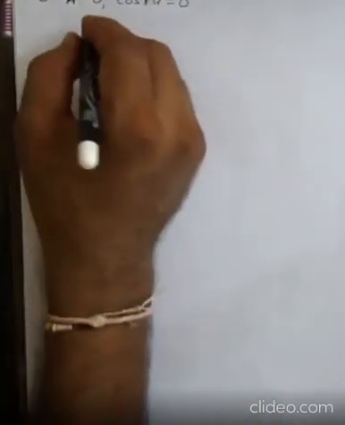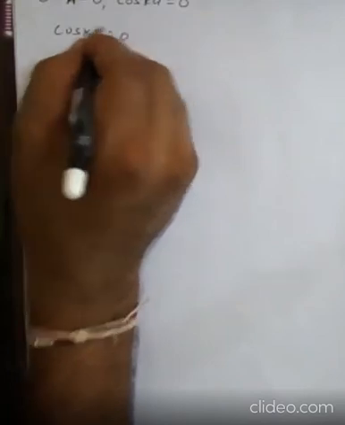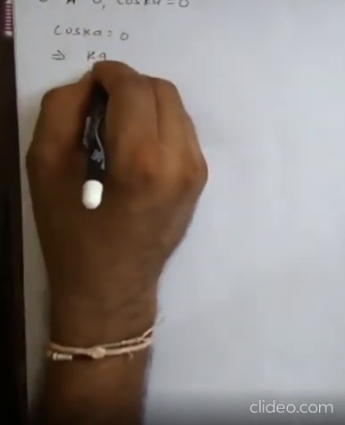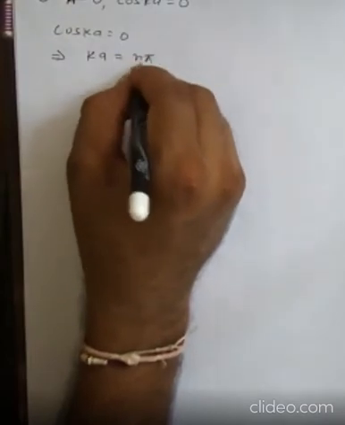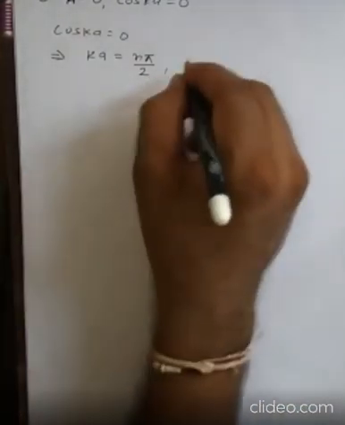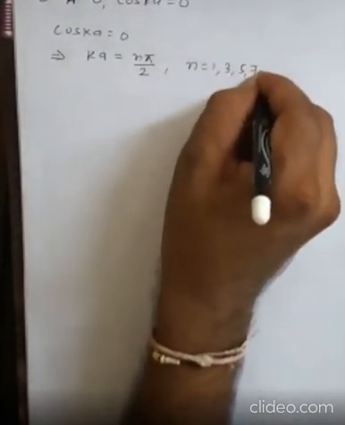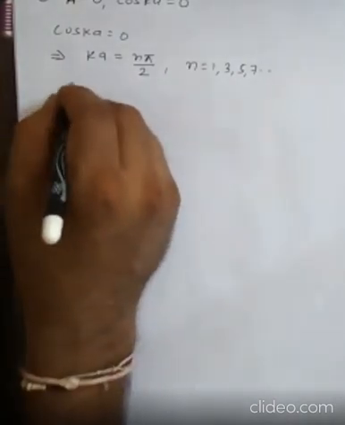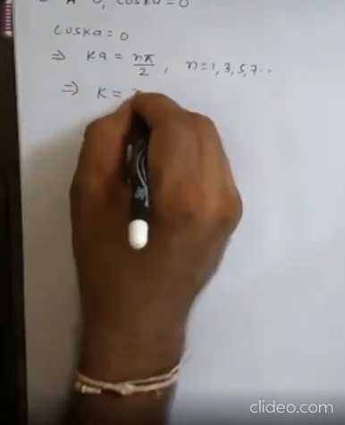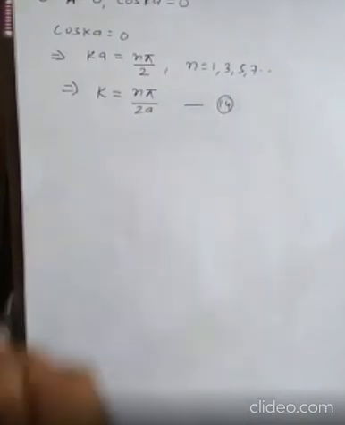So if cos ka equal 0, it means the ka value should be n times pi by 2, okay, and n should be 1, 3, 5, 7 like this. So from this I will get the value of k as n pi by 2a. Let's call it equation number 14 here.